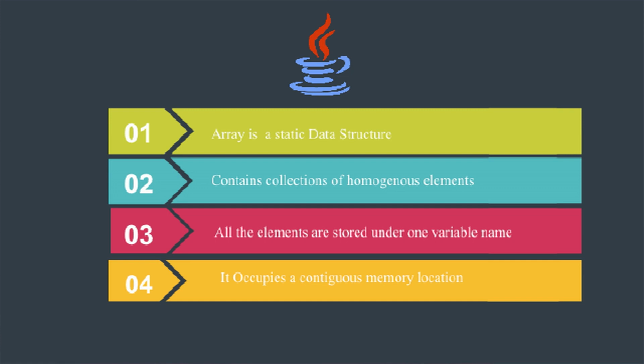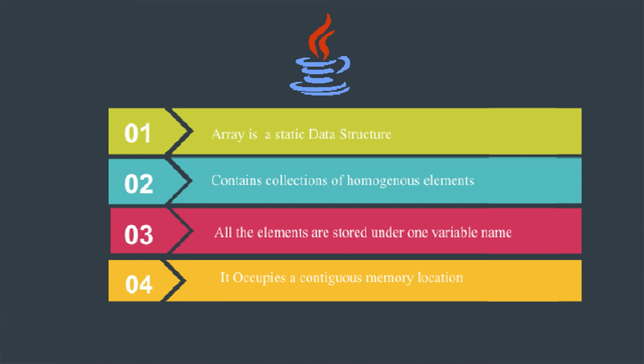It can contain homogeneous elements. We can say it's a limitation or it's a plus point, right? It maintains a type safety check, so we cannot store different types of data in the same array. It has to be the same type.